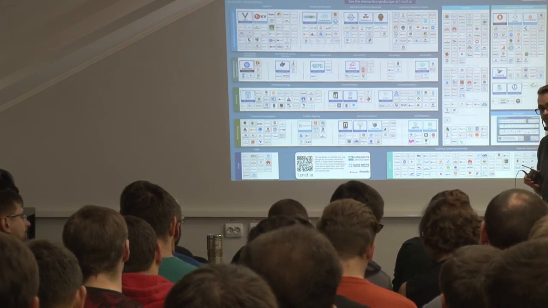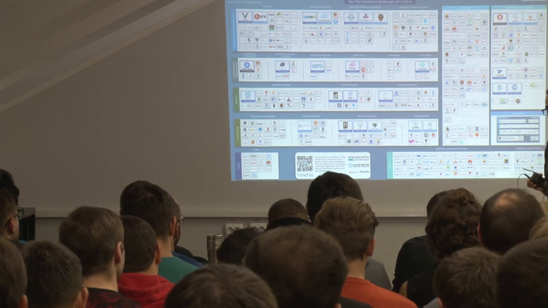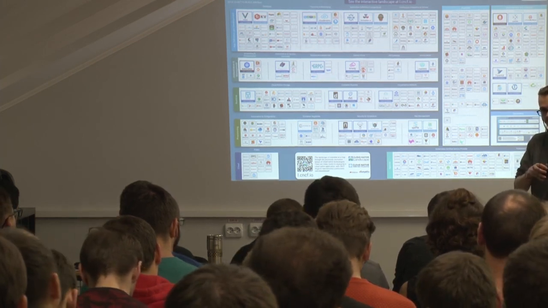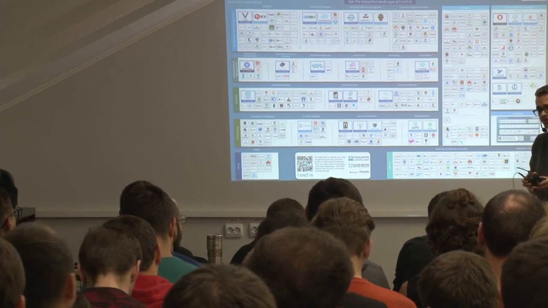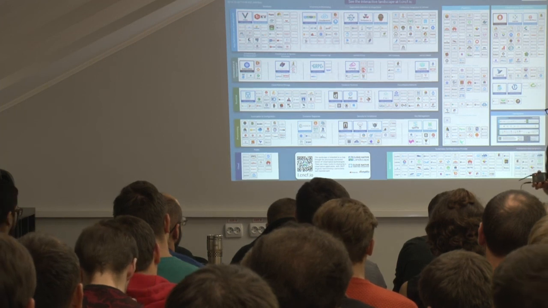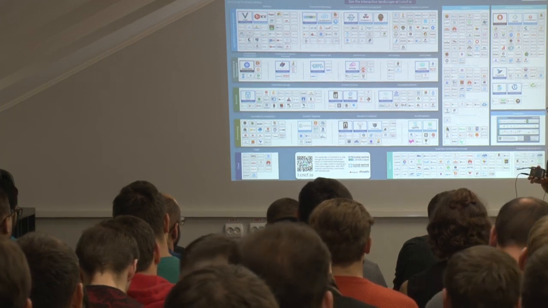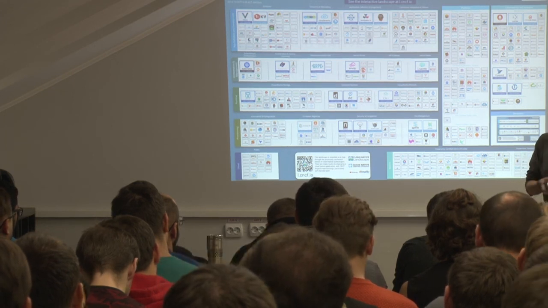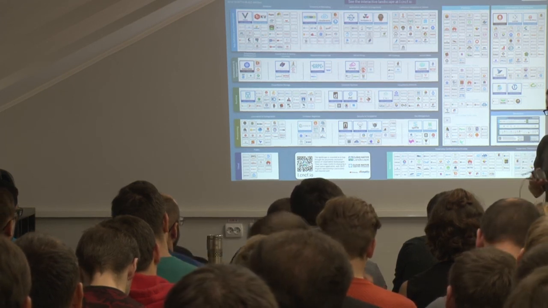But today in the serverless world, there are no huge solutions like Kubernetes, which today in the cloud container orchestration space is the really preferred solution for almost everyone. There are no similar solutions in the serverless world.